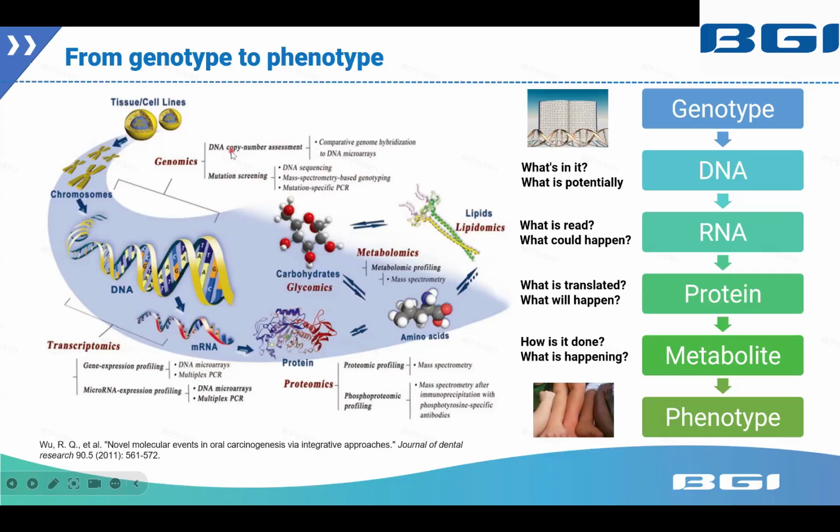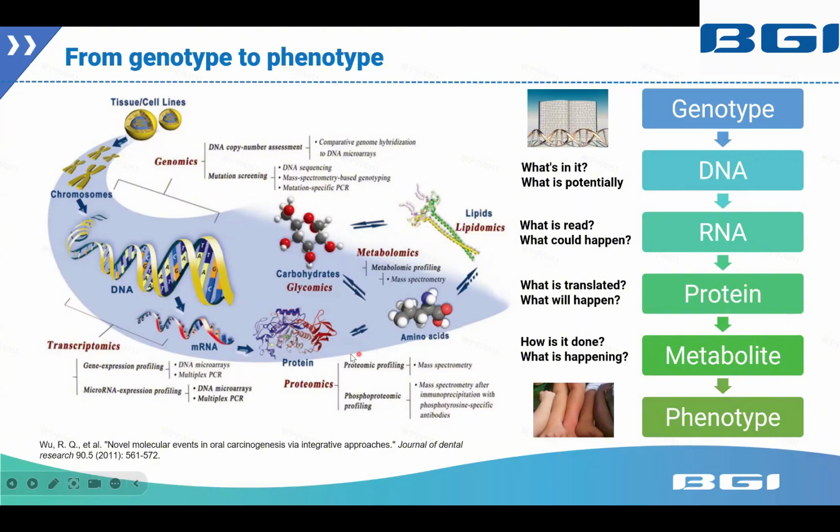At the genome level, for example, we can assess the DNA copy number and screen mutations. For the RNA level, we can focus on mRNA expression and the interaction of non-coding RNAs.